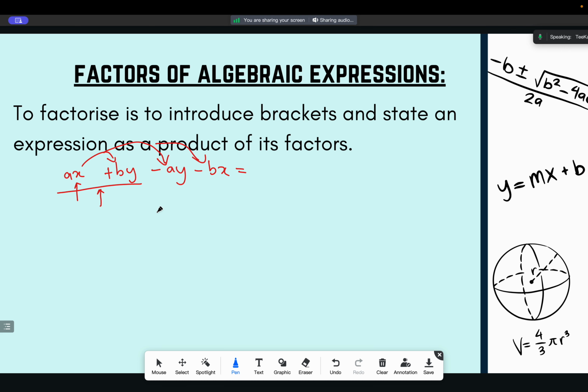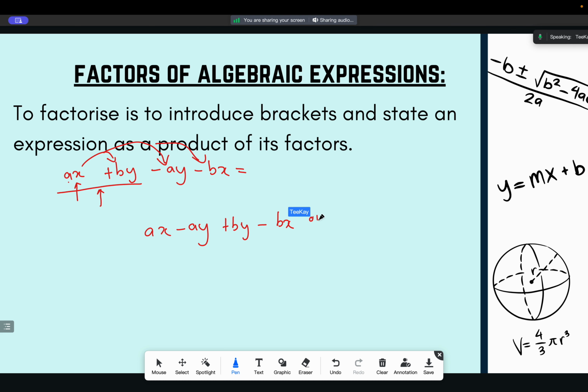So our need is we want to find factors. So here we have ax, so we look for a. Here we have a, so we will have ax minus ay, and then we have this one plus by minus bx. Now we have factors here and we have factors here.